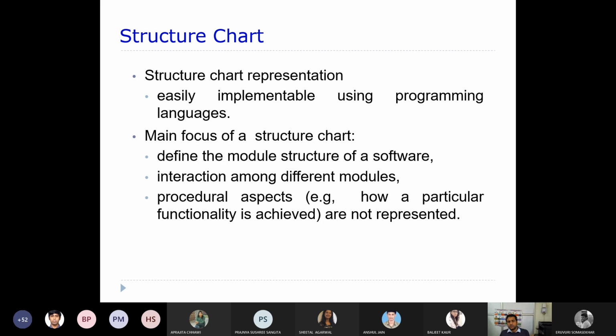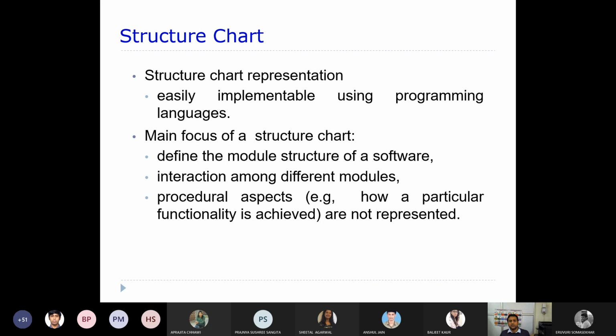So as part of your structure chart, what are you going to see? You see a certain number of modules. That means you are going to see the module structure of the software or the system. You see some interactions between these modules, as well as some procedural aspects.